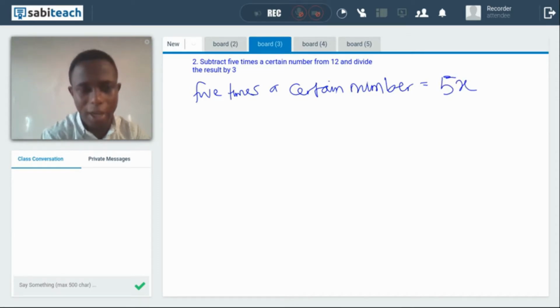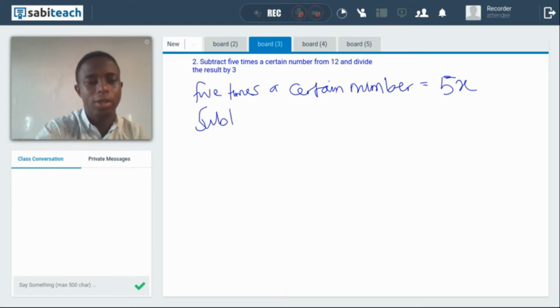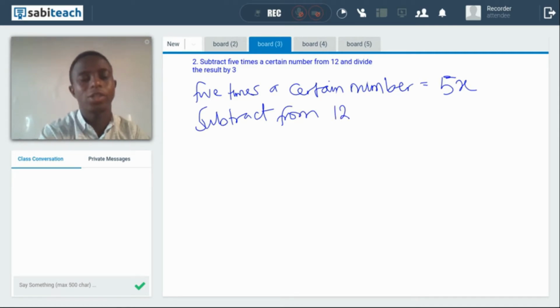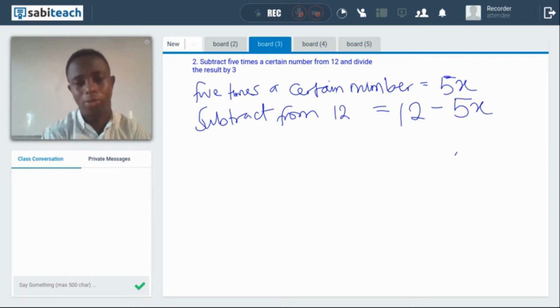So what are we doing to 5x? Subtract this from 12, not subtract 12 from it. They are two different things. Subtract from 12. That means I put 12 on the ground and I subtract 5 times a certain number from it.